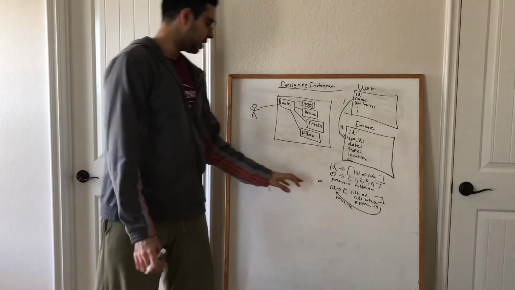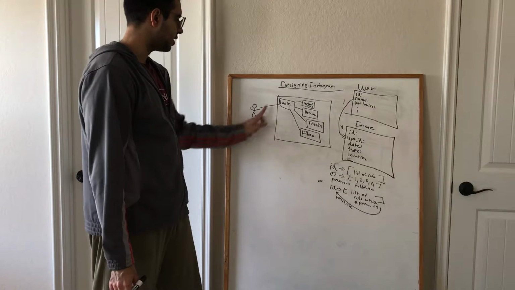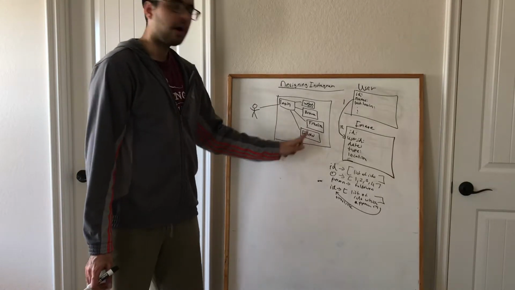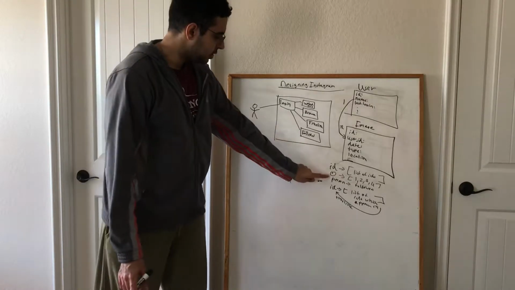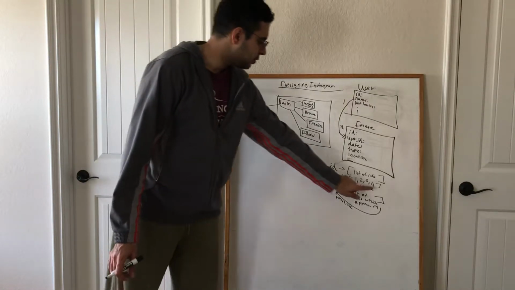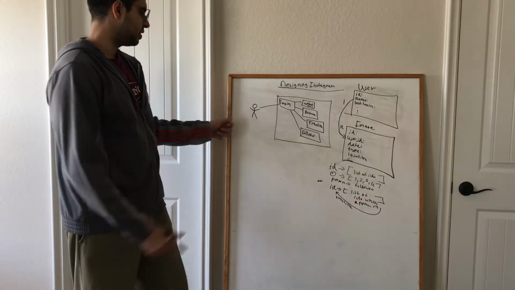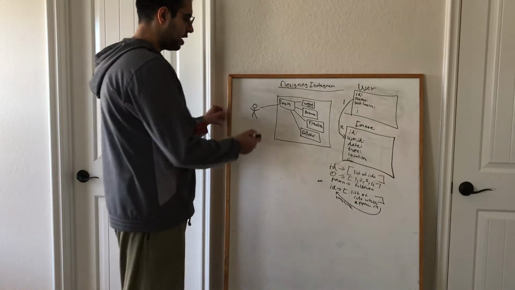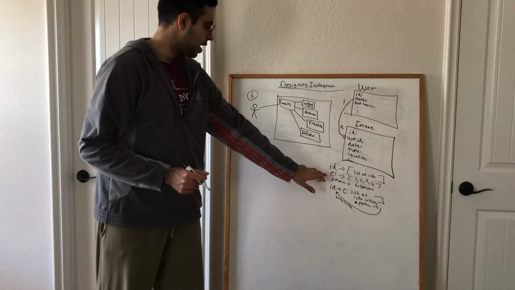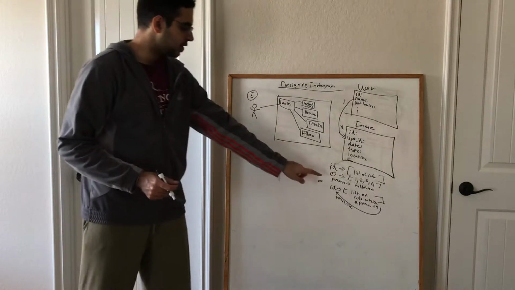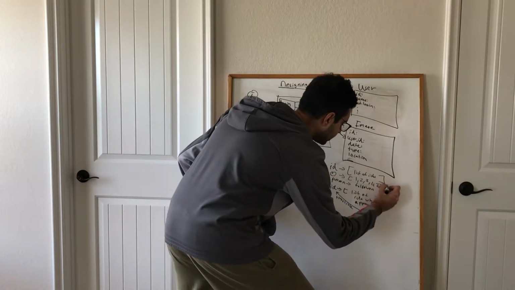So doing this, whenever the user wants to follow another user, what ends up happening is that we go into this data store and we add a new user ID over here. If this person's user ID was 5, and they want to follow user ID number 0, all we would have to do is go in here and add this person's user ID here.